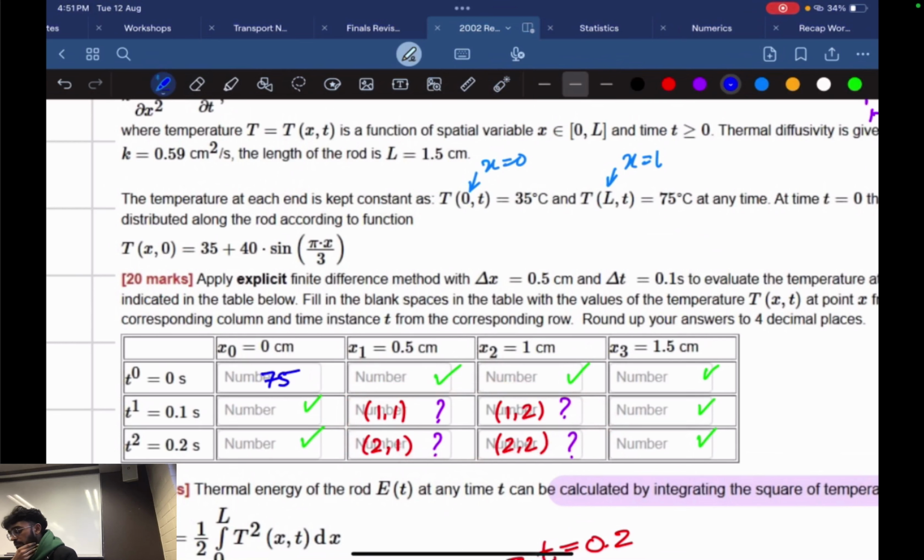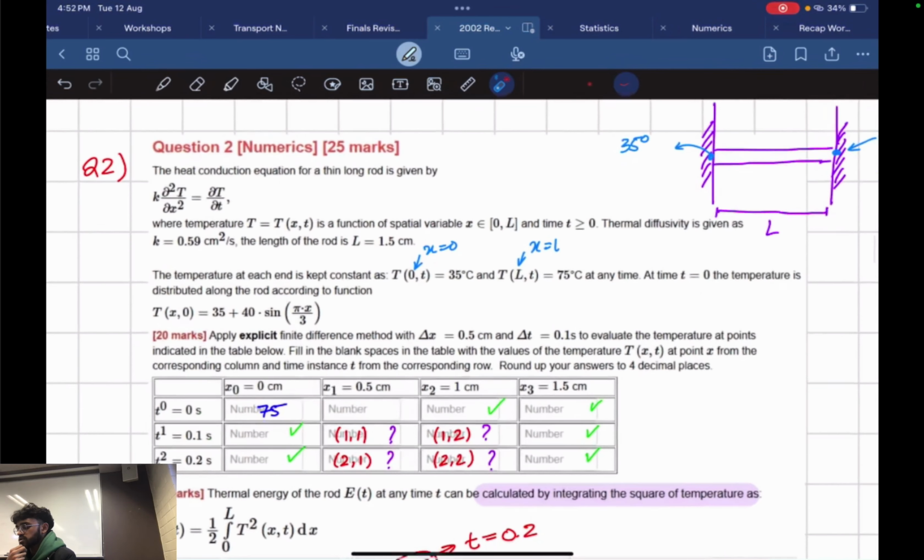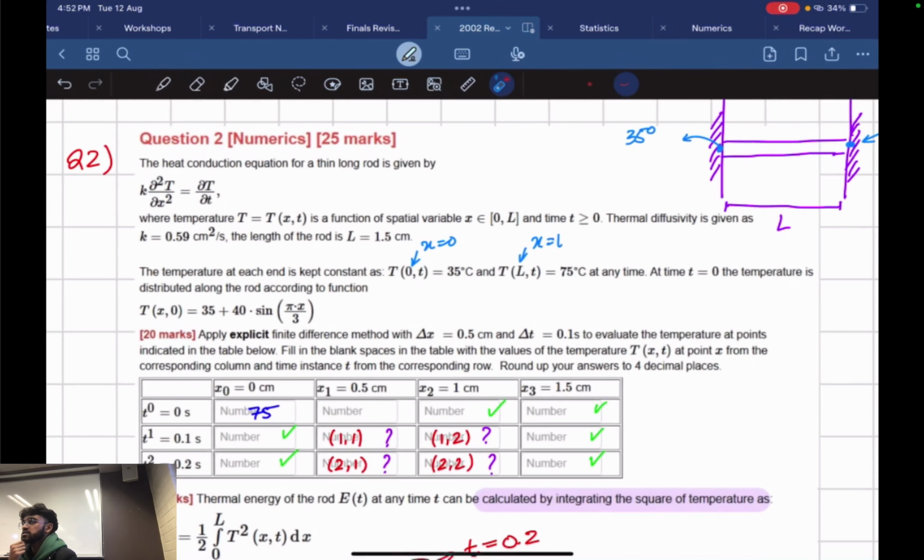Okay, how about at t equals 0 and at the position of i? What do we think the temperature is going to be? I'm asking you, what is the temperature when we're at the position x equals 0.5 centimeters and at a time of t equals 0?